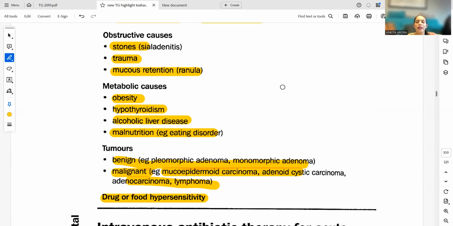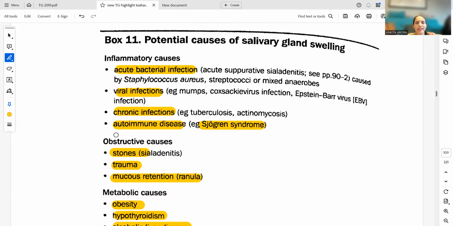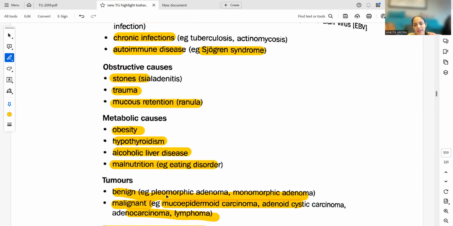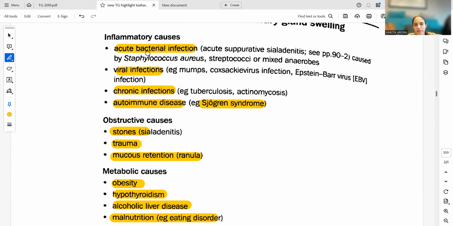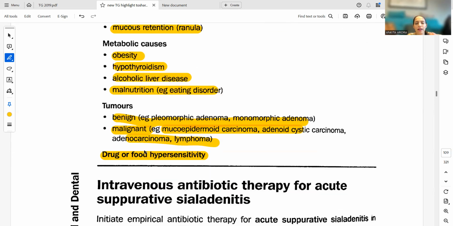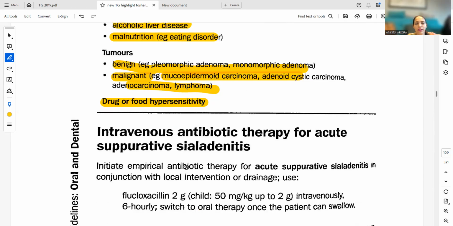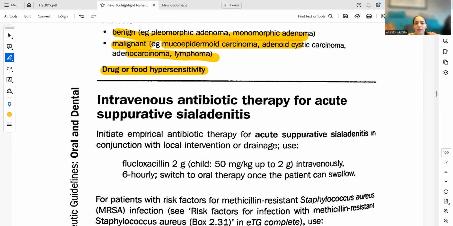In Indian language, there is a word called moti, which means obese. So I remembered it from that, which covers metabolic causes, obstructive diseases, inflammatory causes, and then I for inflammatory. This is one extra.